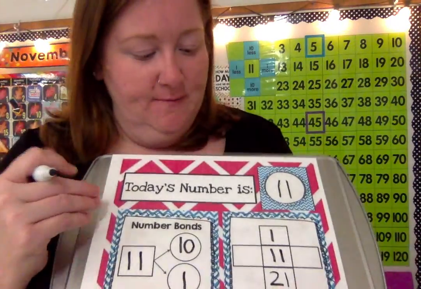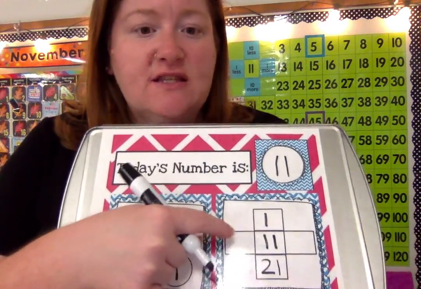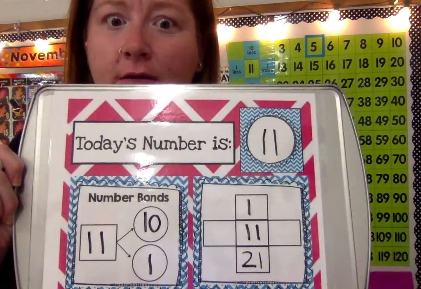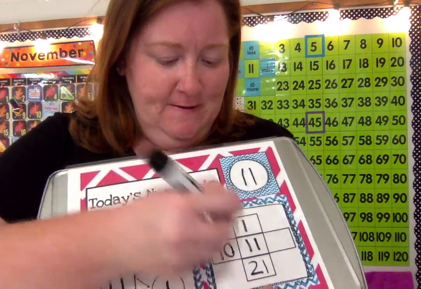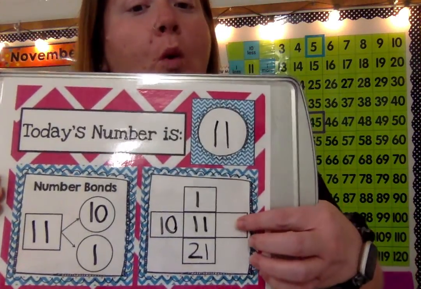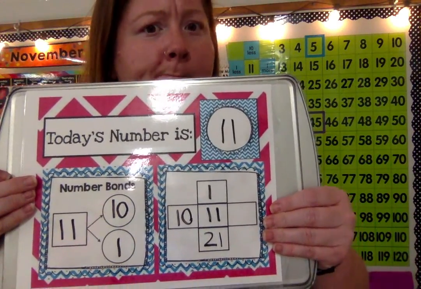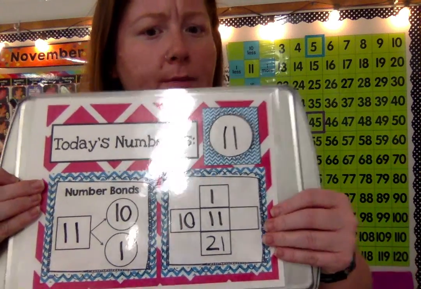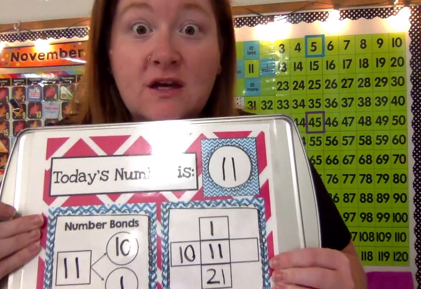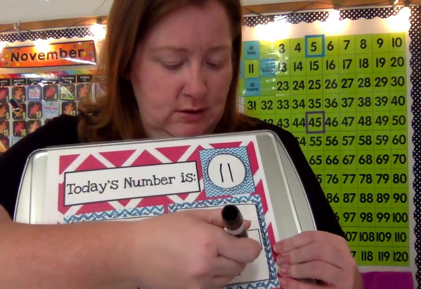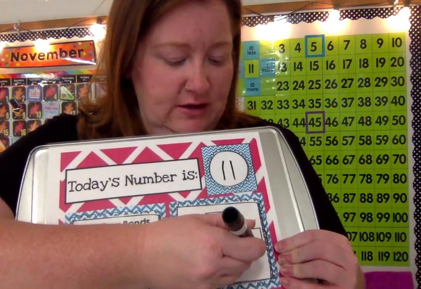Okay, so let's check. 11. Did we just say what was 1 less? We sure did. We just said 10 was 1 less. Oh, so what would 1 more be? What would 1 more be? 10, 11. Did you say 12? Now I want you to be careful because check out.